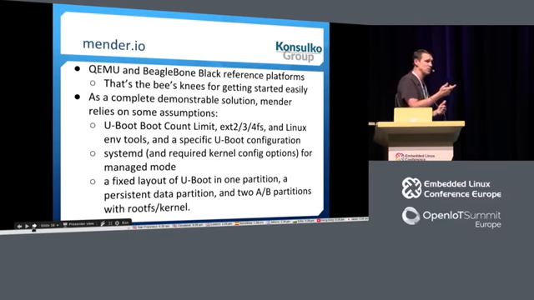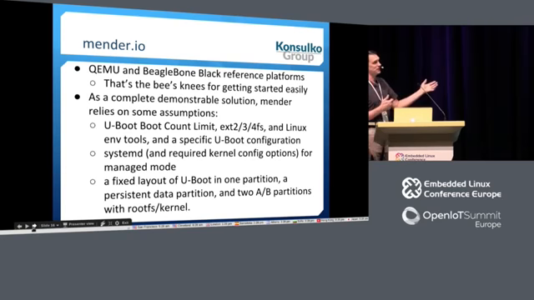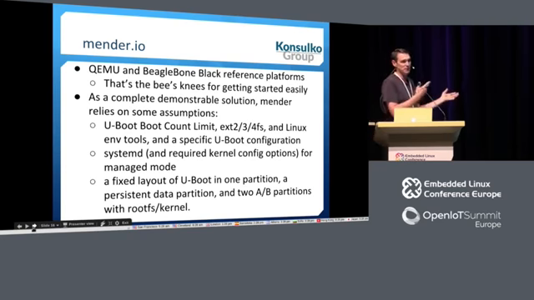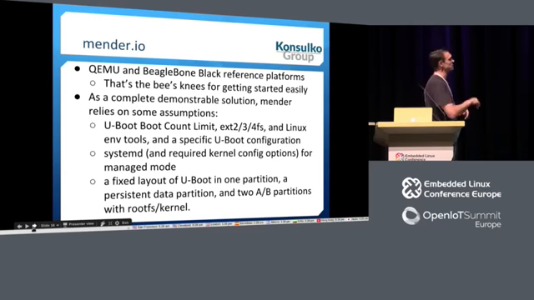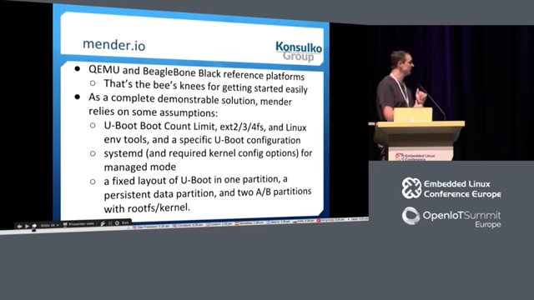And if you're running in managed mode, it's built exclusively around systemd. Again, it's an assumption. Some people choose not to use that, but you might have to do a little work to get that assumption out of the way if you don't want to use systemd. Obviously, there's a set of kernel options required for that as well.